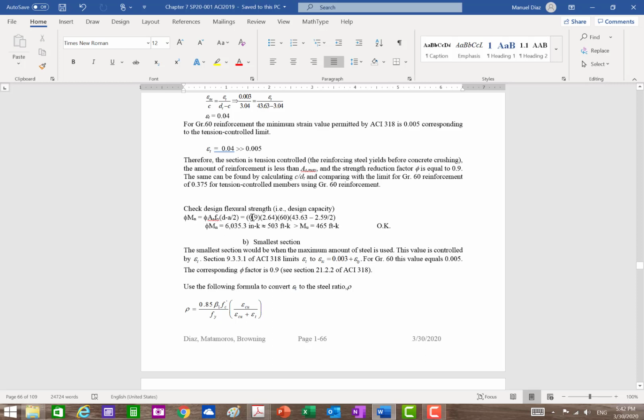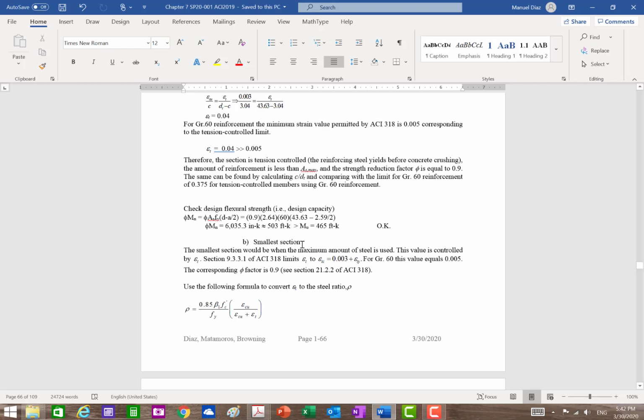So we replace the phi value, 0.9, area 2.64, steel 60 ksi, the actual D value, your A value, and I find that this value is greater than 465, so we're good. Okay? So that cross section of 18 by 46 with 6 number 6s is good.